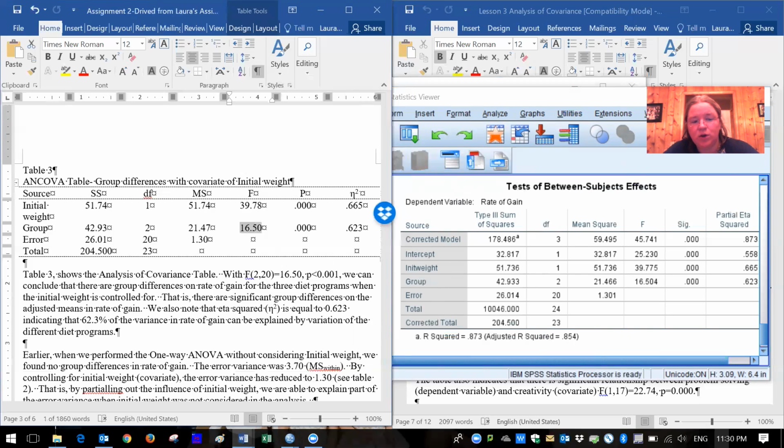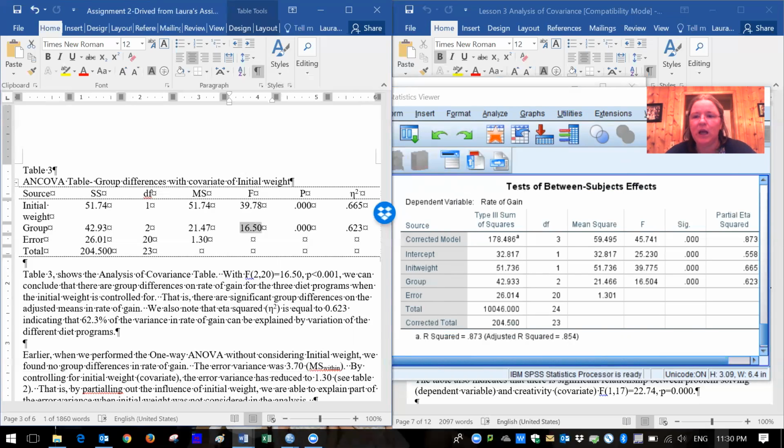So we also want to note that the eta, which is the eta squared, is equal to 0.623. So that's about 62% of the variance in rate of gain can be explained by the variation of the different diet regimens. So whenever you see eta, we're always going to use it in the same kind of format.